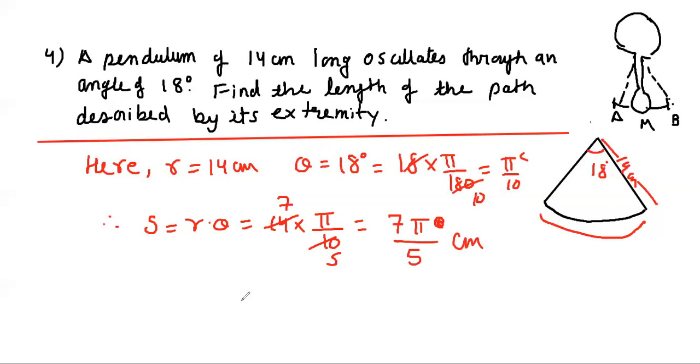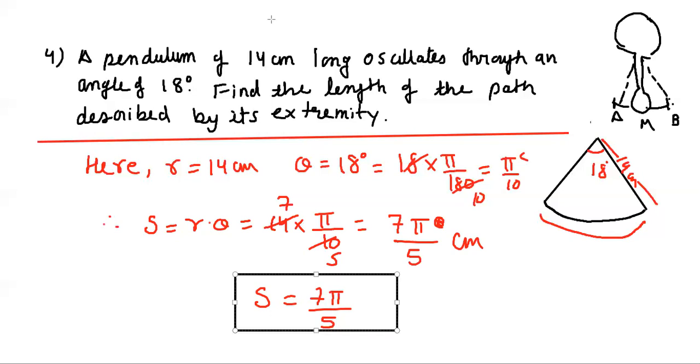So finally, length of arc is equal to 7 pi upon 5 centimeter. Let me draw a box for this. Since you have solved this, no need to copy down.